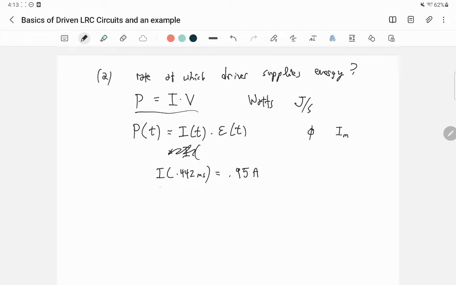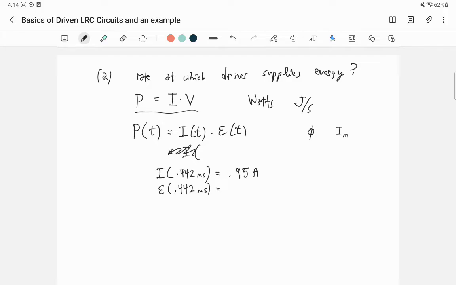And the voltage as a function of time at 0.442 milliseconds is about, let's see, where did I write it? Maybe I didn't actually write it.